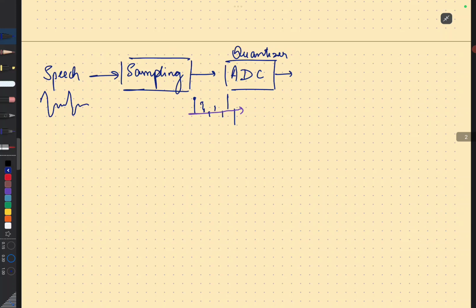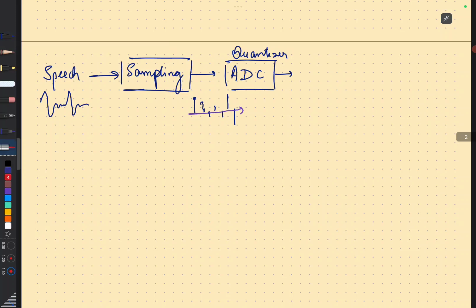So at the end of this, you get a sequence of symbols. Typically in a simplistic system, the output of the analog to digital converter would be that instead of getting a sequence of real values, you get a sequence of, again, values, but within a finite number of levels.